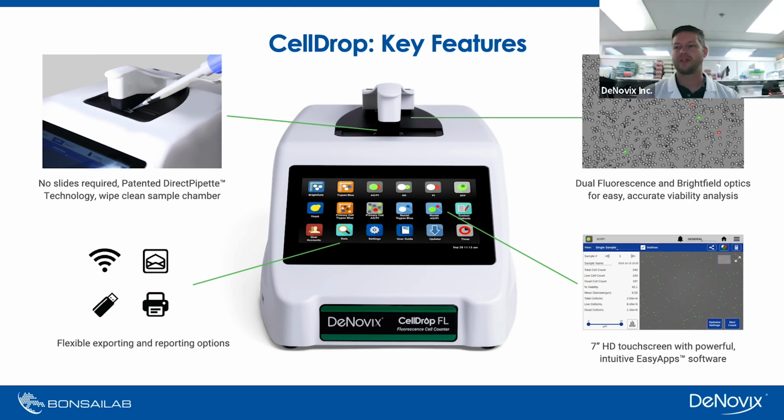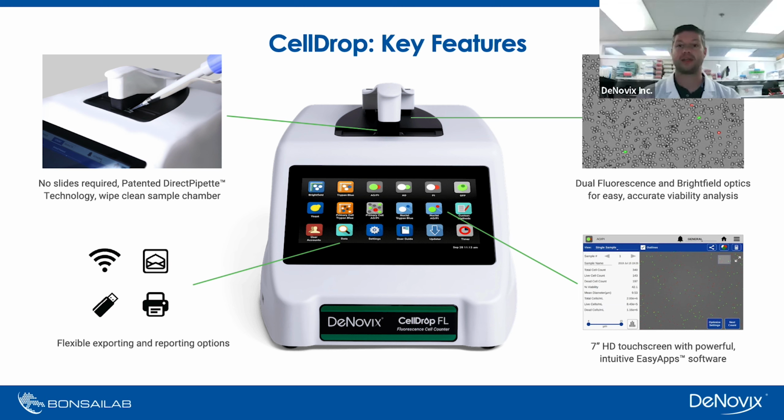Digging a little bit more into the key features of the CellDrop, the main feature, of course, is no slides required. So it uses what we call DirectPipette Technology, which simply means that you load the sample directly into a chamber and then wipe it clean when you're done. We have the dual fluorescence and brightfield optics for easy and accurate viability analysis. We also have a variety of exporting and recording options on the CellDrop.